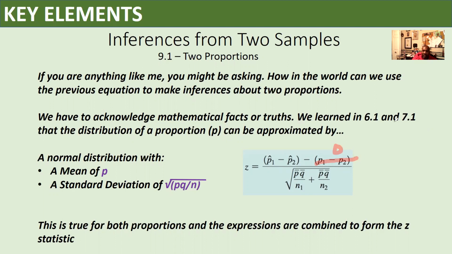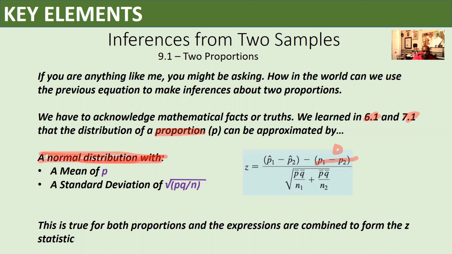But one of the things that we've talked about before in 6.1, and again, these things build on top of each other, and we also talked about it on 7.1, is the fact that when we're using a distribution of proportions, even though it is technically a binomial distribution, as opposed to being continuous, we can approximate a distribution of proportions with a normal distribution.